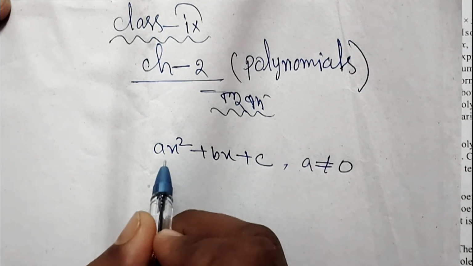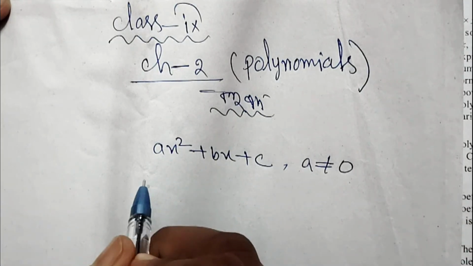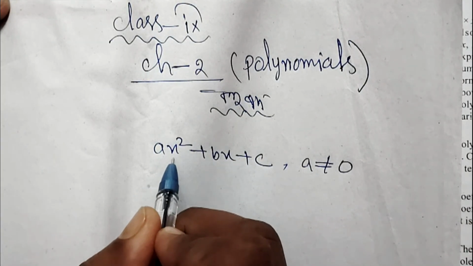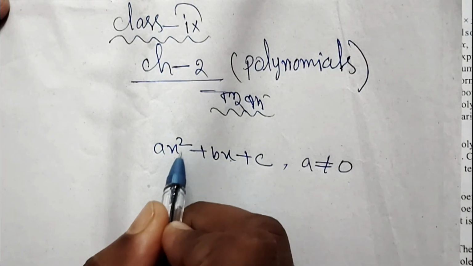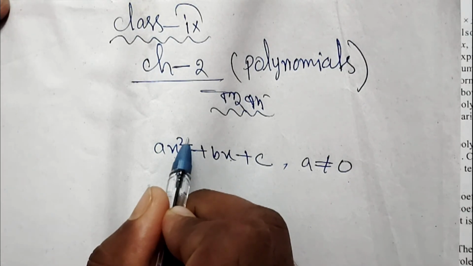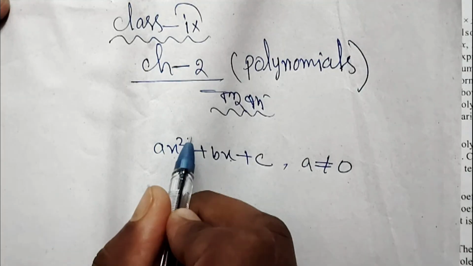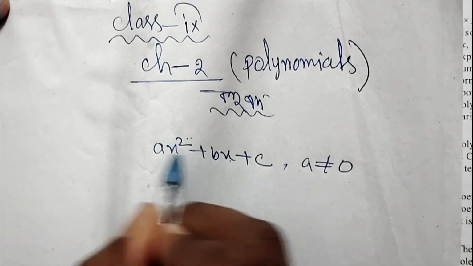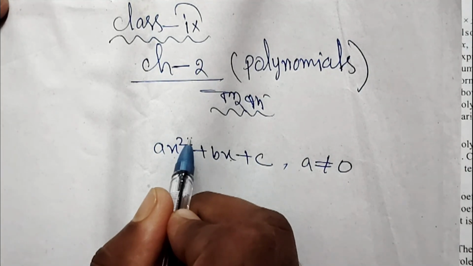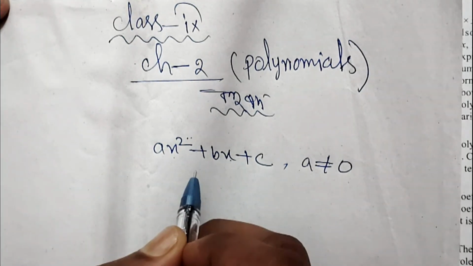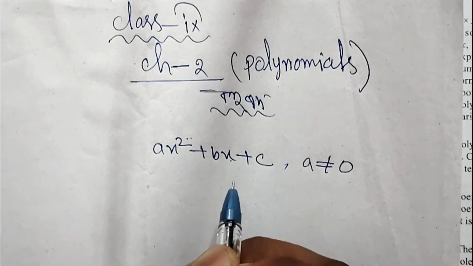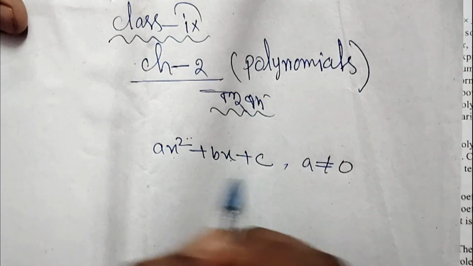So why is this one quadratic? Here the variable is x, and because the variable power is 2, that's why this one is quadratic. If the variable power is 1, that is a linear polynomial. If the variable power is 3, that is a cubic polynomial.